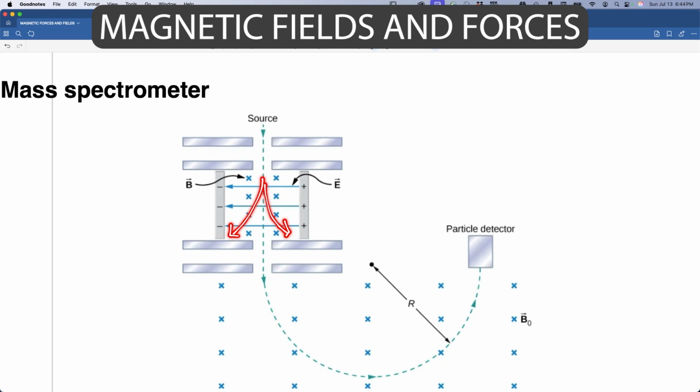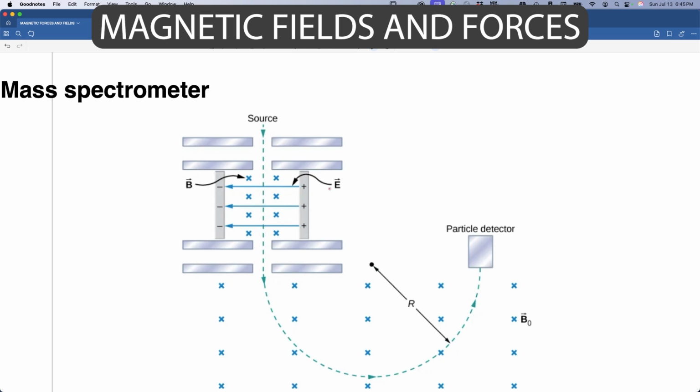See that? But if the forces are equal, then the net force acting on the charged particle is zero. Those are the only particles that will go through straight. And that's what we want.